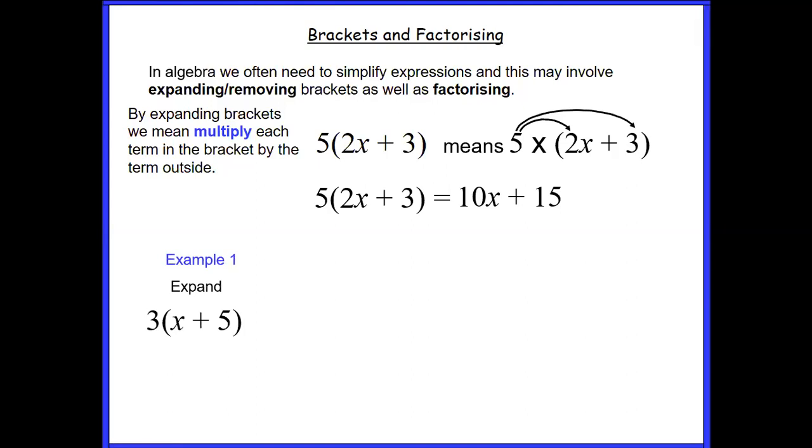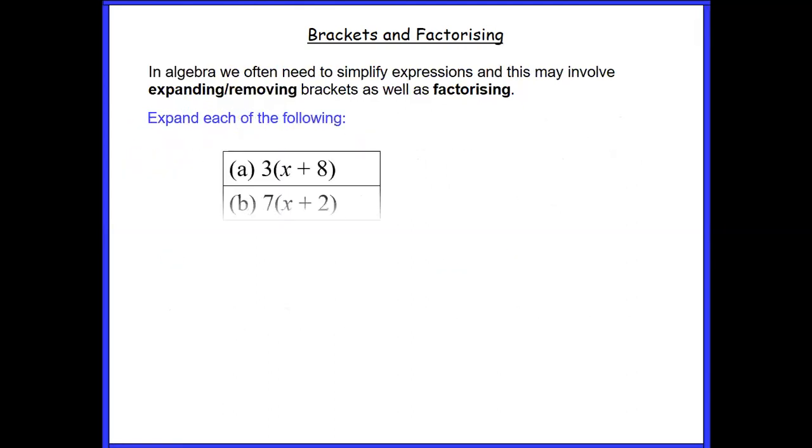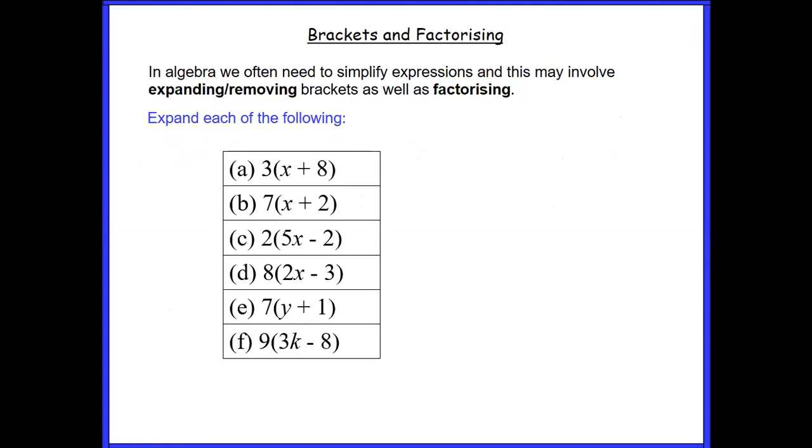If you look at this example here, 3 in brackets x plus 5, we'll do 3 times x, 3x, 3 times 5, 15. In example 2, we've got 4 times 3x minus 2, so 4 times 3 is 12x, 4 times negative 2 is negative 8. So for today, we're going to call this question 1.